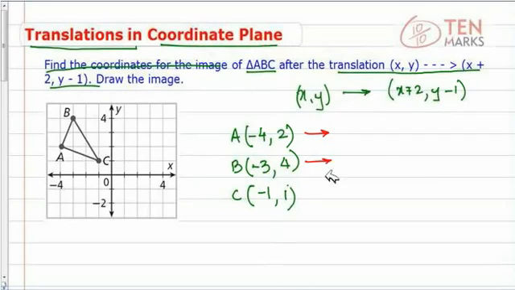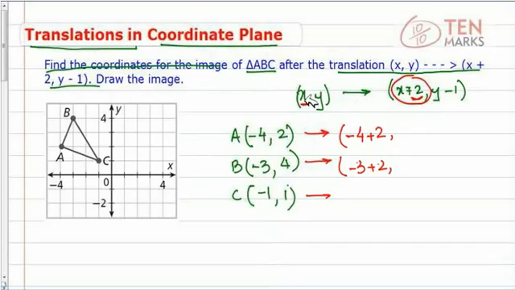If it's a translation, that means we move them to exactly the same distance. All 3 points are moved the exact same distance. So the way to do this is we take the original value, which is x, and then add 2 to it. So minus 4 becomes minus 4 plus 2. Minus 3 became minus 3 plus 2, because that's what we're supposed to do.